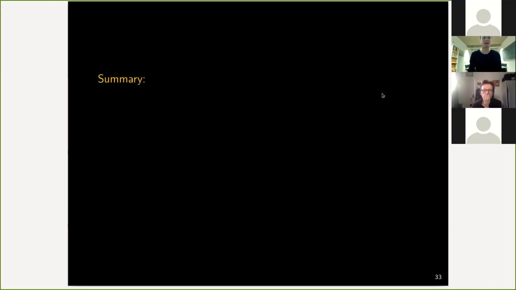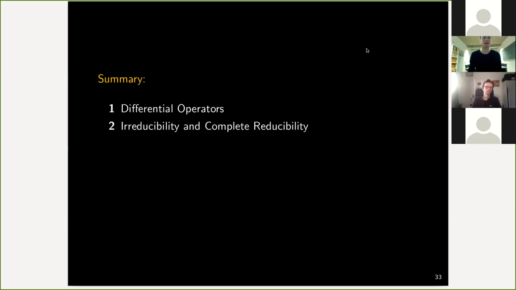So to summarize this, if you want to show that a function is not algebraic and you know it's definite, then you should make use of the fact that it's annihilated by a differential operator. So differential operators are useful. Then we check if the operator is completely reducible.